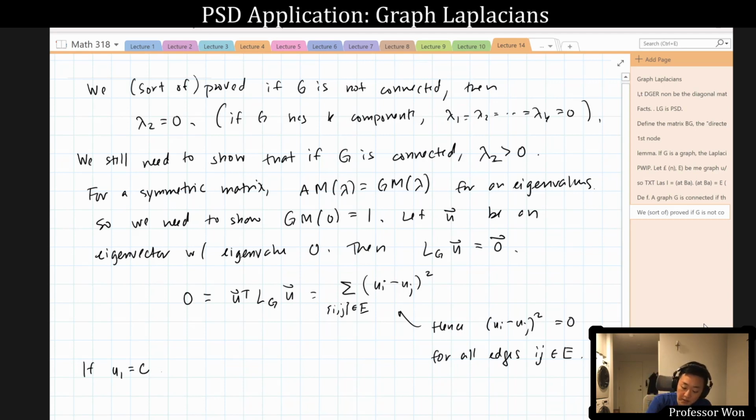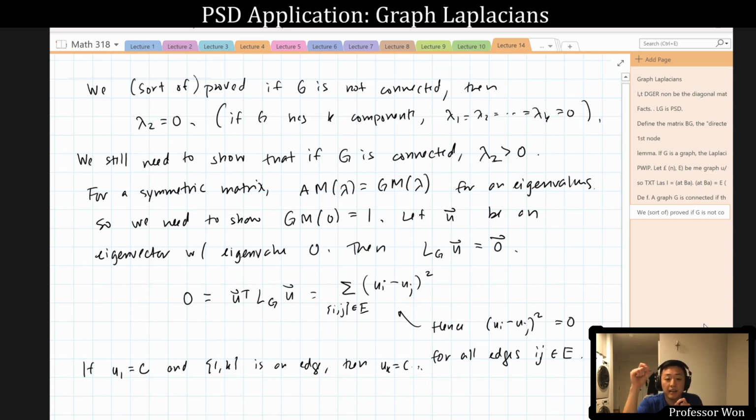So if U1 equals C and 1k is an edge, then also Uk has to equal C. Basically, every vertex that's connected to 1 has to have the same value as 1.